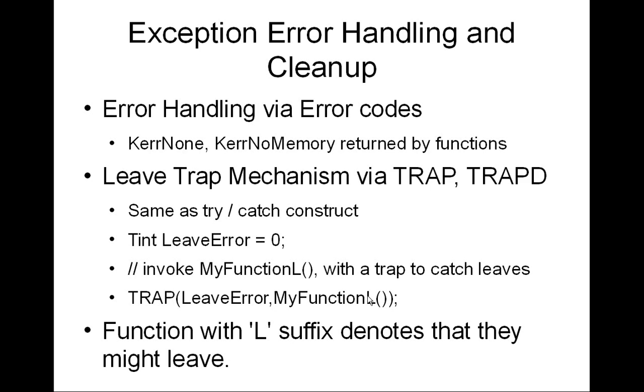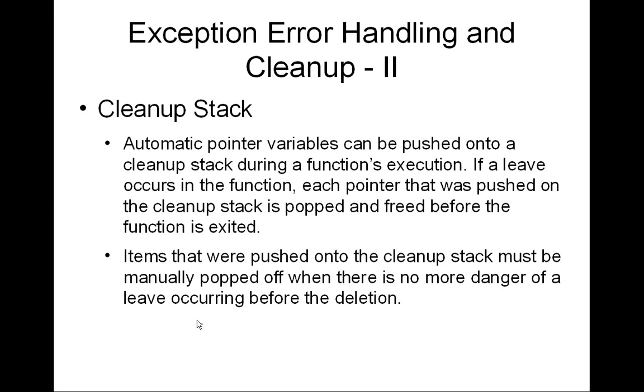If there is a Symbian class or API and you see that there is a suffix L with that API, then you know that this function can leave, and then you have to handle this trap. As happens with try and catch, if my function L calls my function 2, and the call to my function 2 is not trapped, then I will get the trap on the topmost level.